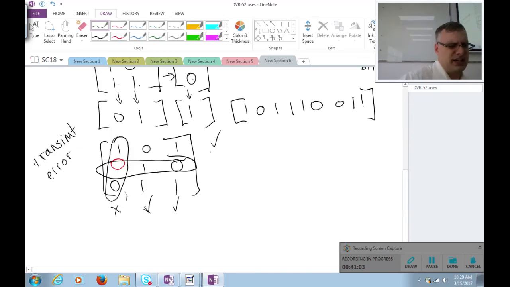This column is in error, and this column still checks out. Actually, I don't even need to do that one because I'm more worried about it this way. So look, I've triangulated. I know that there's an error, and I figured out where the error is. It's the intersection of these two, this row and this column.